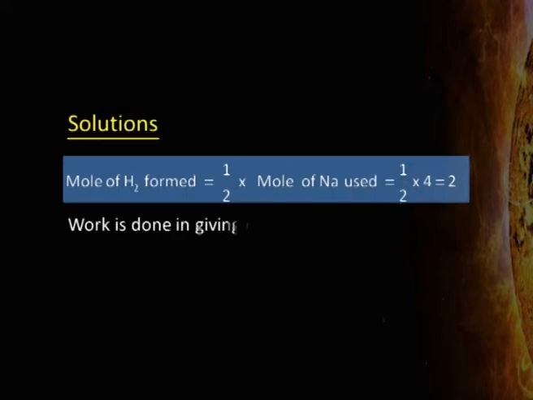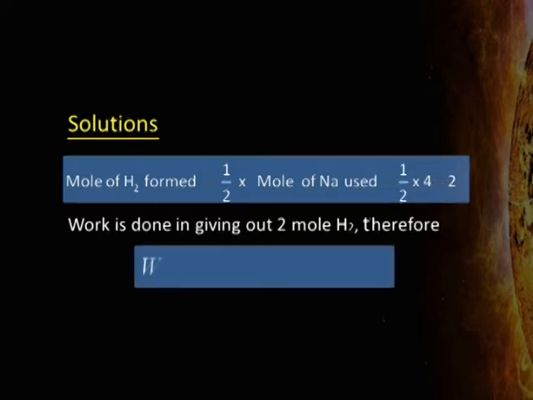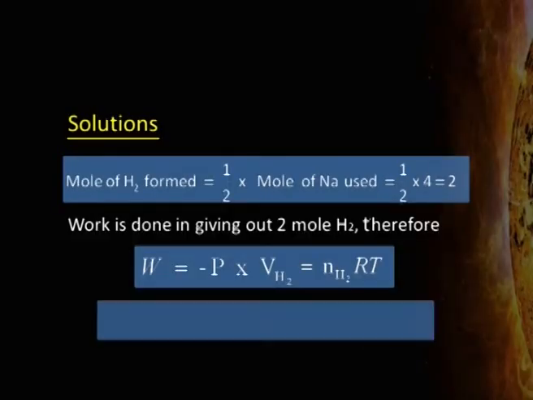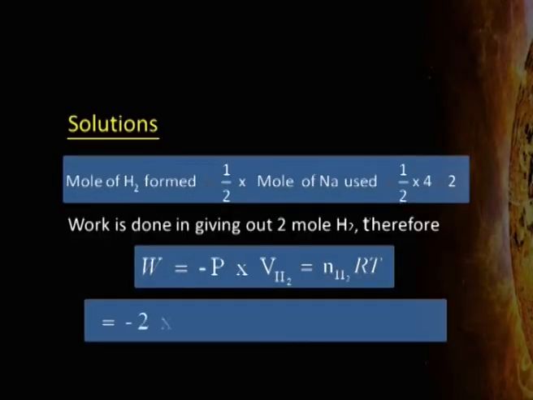Work is done in giving out 2 moles of hydrogen. Therefore, W will be minus pressure into volume of hydrogen. Here delta V will be equal to the volume of hydrogen itself, because initially the volume of the gas is 0. Now PV is equal to nRT. Therefore, we can calculate the value of nRT to get the value of PV. Number of moles of hydrogen are 2.